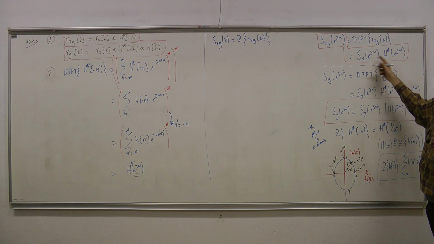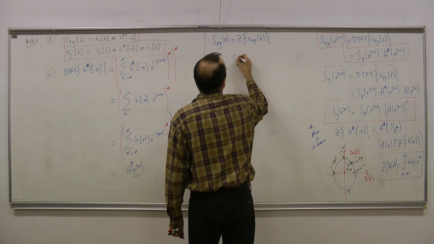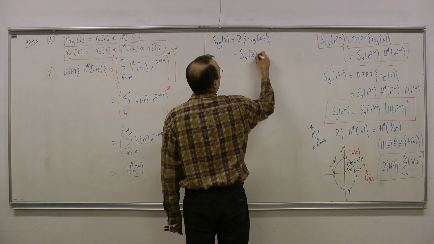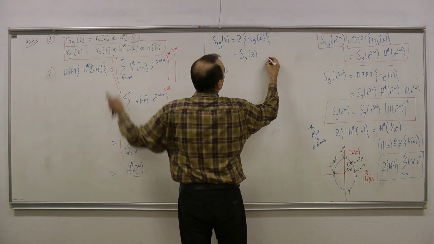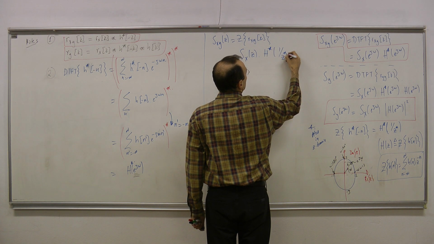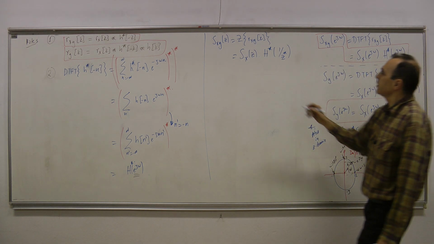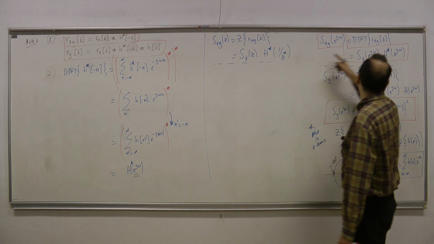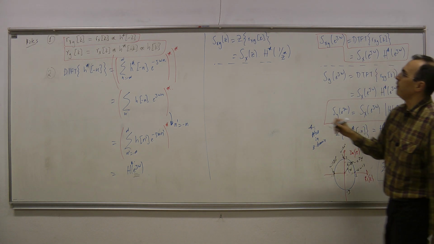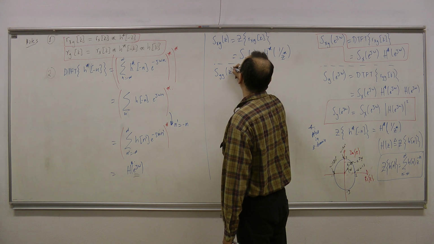Now what should I do? I should use this. So this is S_X(Z) times, now this one, H conjugate of 1 over z conjugate. Okay. Now S, again in the special case I get this one. S_YY(Z), or let me write it YY this time.